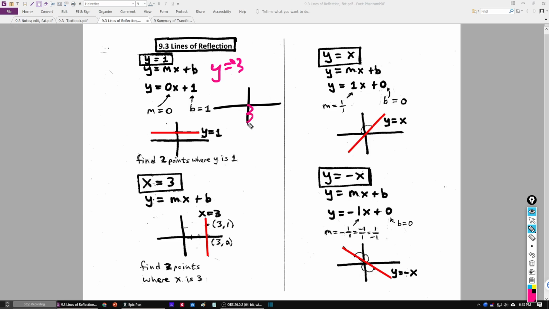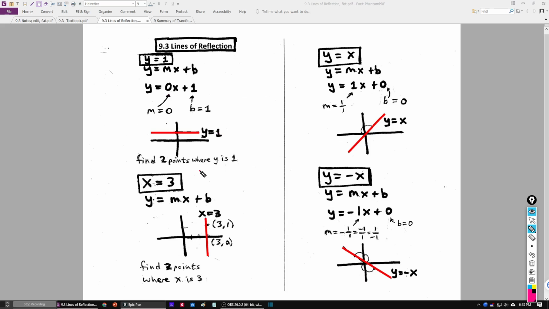So -1, -2, -3, right? And then you do a slope of 0. So this is what the line y equals -3 would look like. Same concept as y equals 1. Got it? So y equals a constant will be a horizontal line.